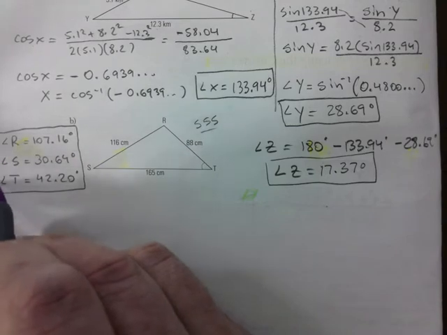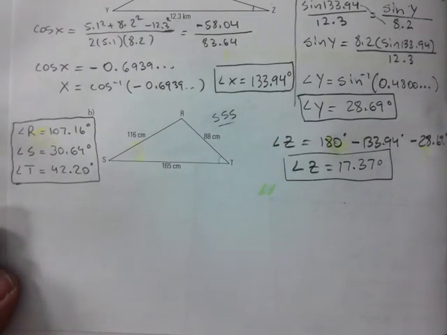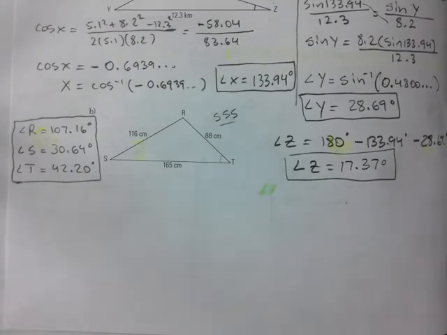Again, if you like to stick with cosine law, do it. Don't worry about it. I'm not going to make you ever pick one over the other. Once you started solving, if you switch over, that's your choice. The only thing that I will tell you is that you can only start with one of them. You cannot start with both.